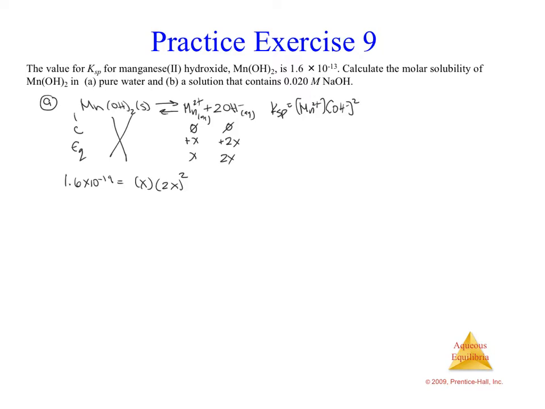I just realized this is a negative 13, it's given there. So now I can solve for x. 1.6 times 10 to the negative 13 equals x times 2x squared, which is 4x squared.